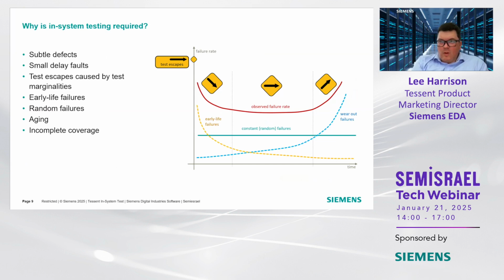So what sort of faults are we trying to detect with this in-system test technology? I'm sure everybody has seen the bathtub curve before, and where we're really targeting are the two areas: the early life failures and the wear out failures.